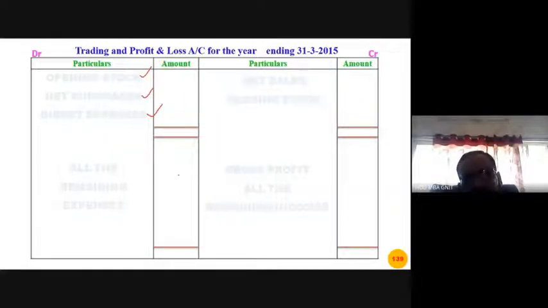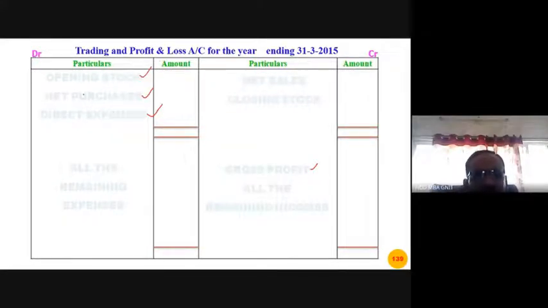The second part is the profit and loss account. On the debit side, we show all the remaining expenses other than those already taken in the trading account. On the credit side, gross profit and all the remaining incomes are shown. So what do you understand here?